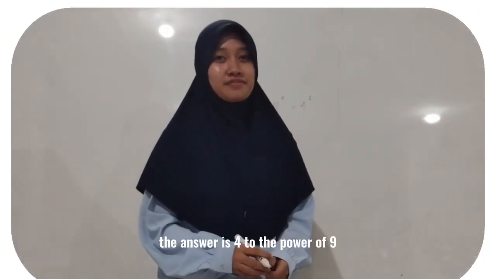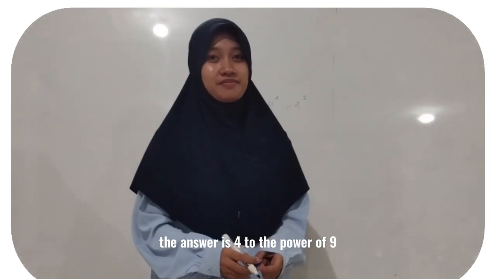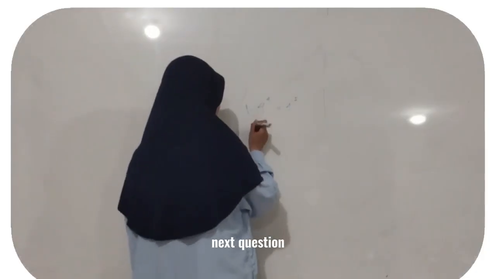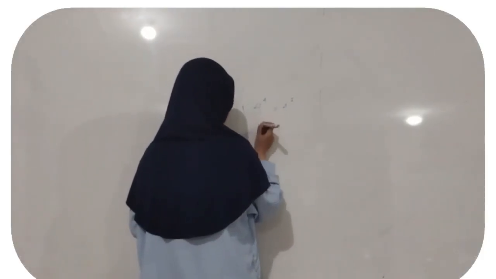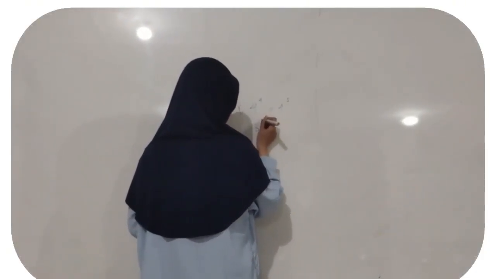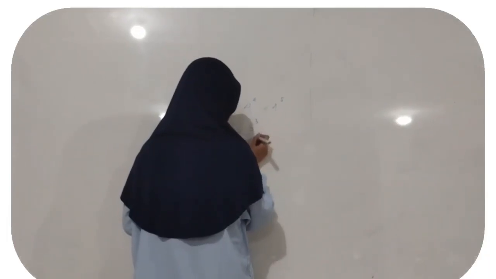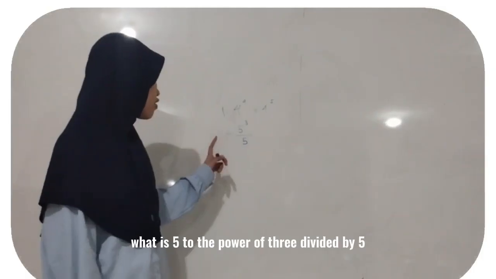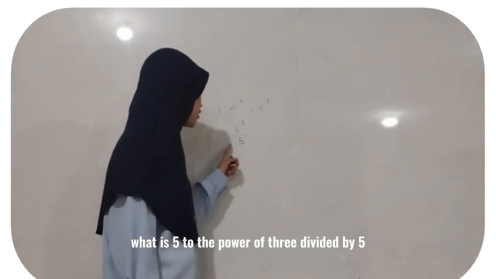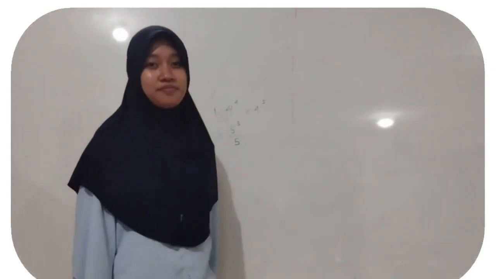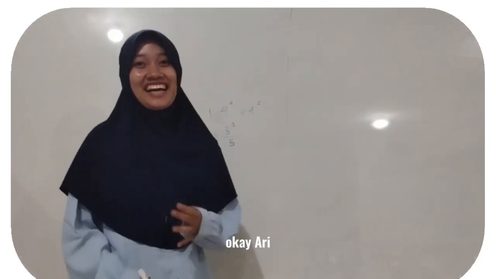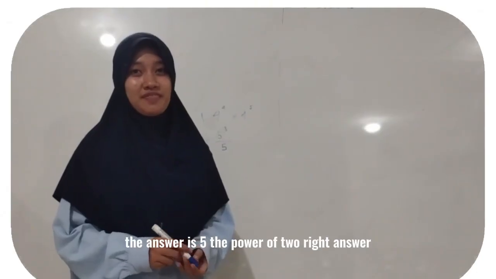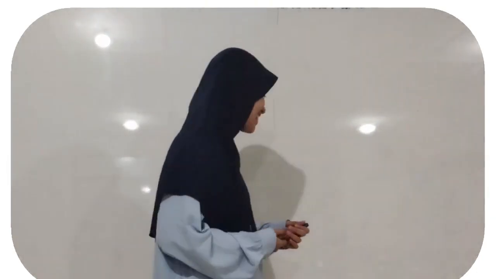The answer is 4 to the power of 9. Right answer. Next question. What is 5 to the power of 3 divided by 5? Okay, Ari. The answer is 5 to the power of 2. Right answer.